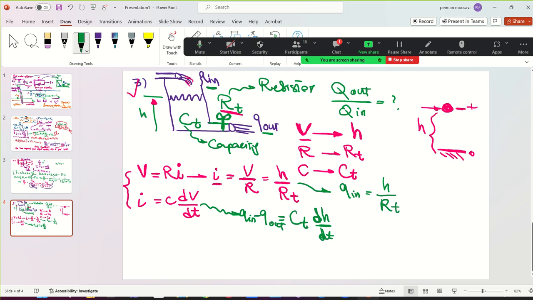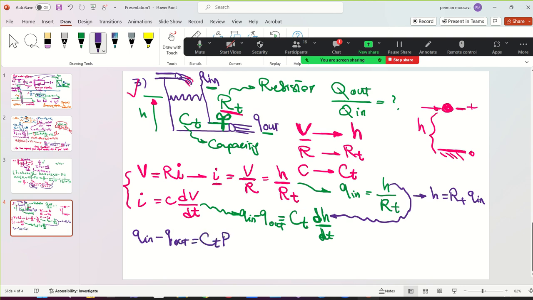So what I'm going to do, sorry, I'm going to find H from here and put it here. H is going to be RT Q in. So Q in minus Q out is going to be CT, the tank capacitor, RT, DQ in over DT.